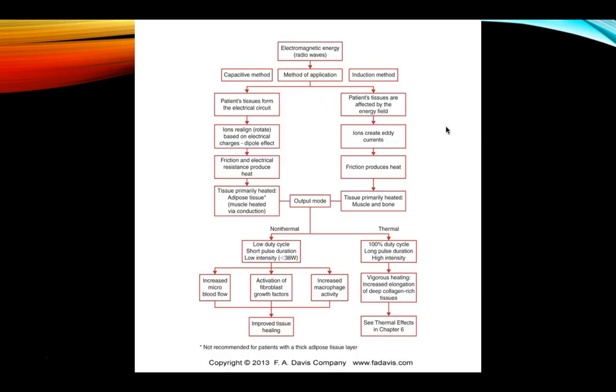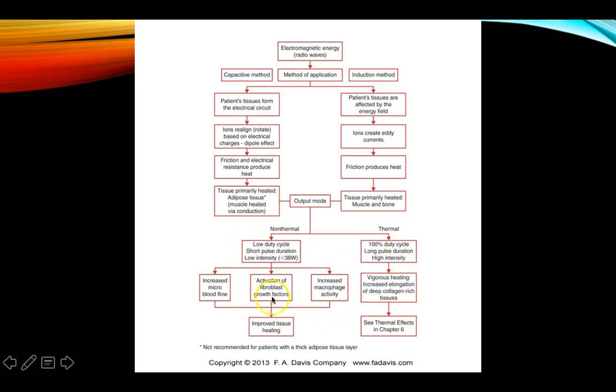So here's our typical schematic of our effects from the electromagnetic waves. The electromagnetic waves are produced either through a capacitive method or inductive method, and we end up in the same results. So even though we have different ways to get there, it depends on the machine that you're exposed to.